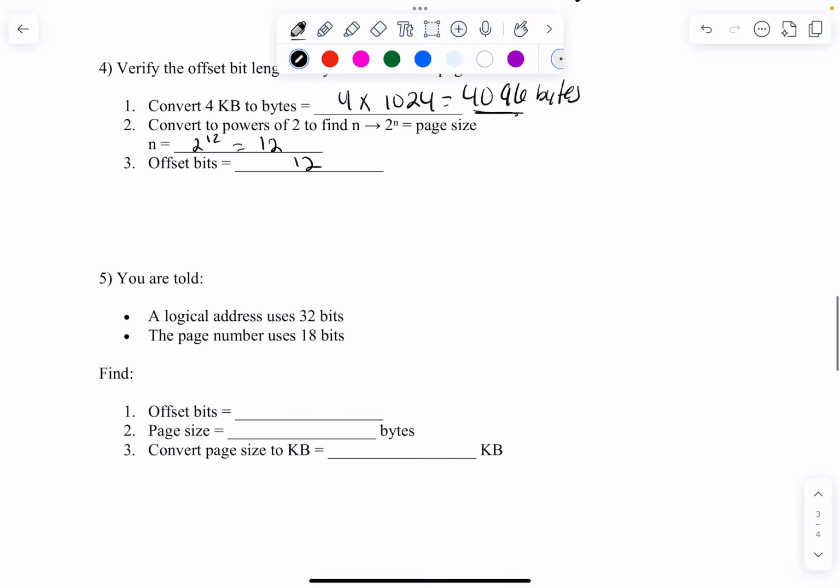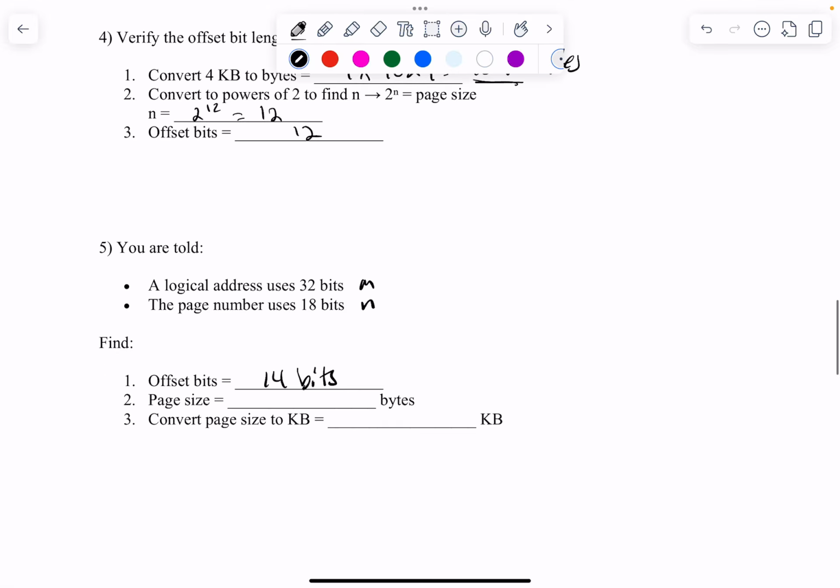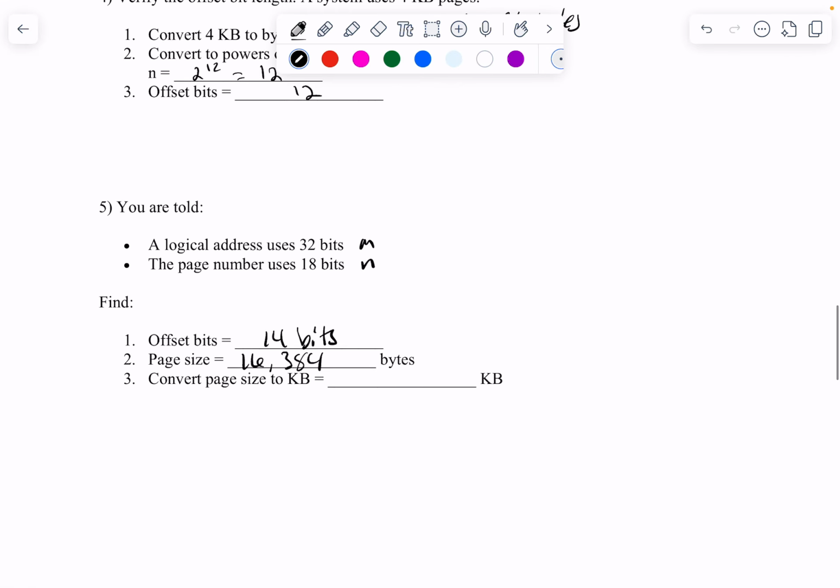All right, let's go to the fifth problem, which is our last one. The logical address is 32 and the page number uses 18 bits. Again, to get the offset bits, you're going to subtract N from M. That's going to be 14 bits, and 2 to the 14th, that's going to be 16,384 bytes, and we're going to divide our bytes by 1024.